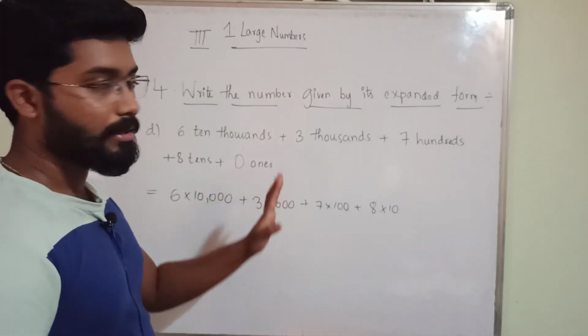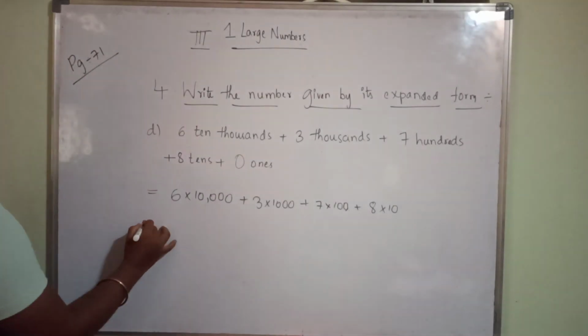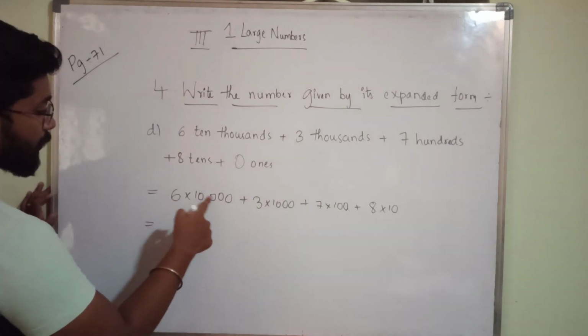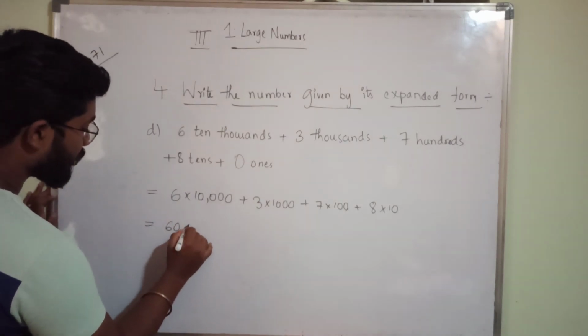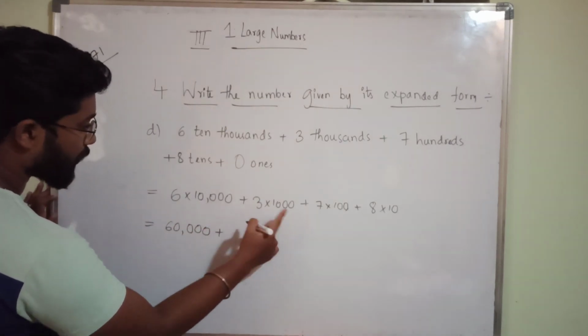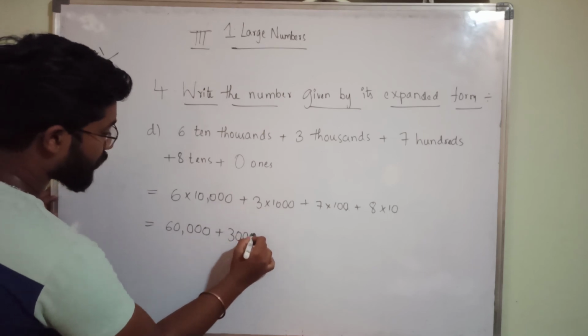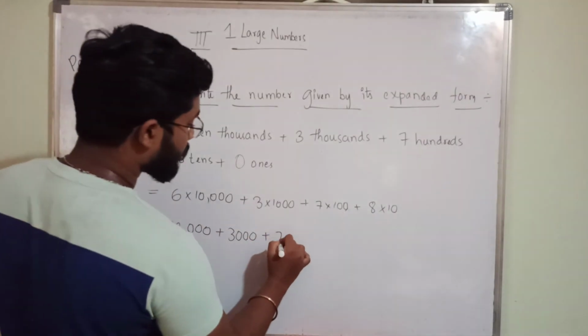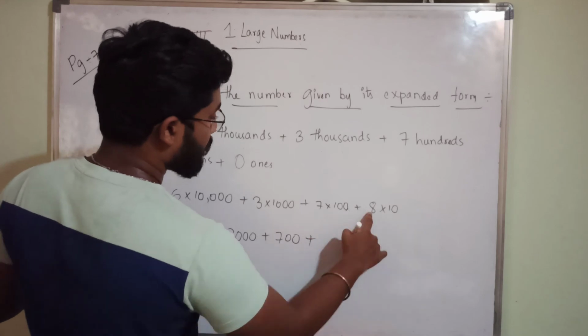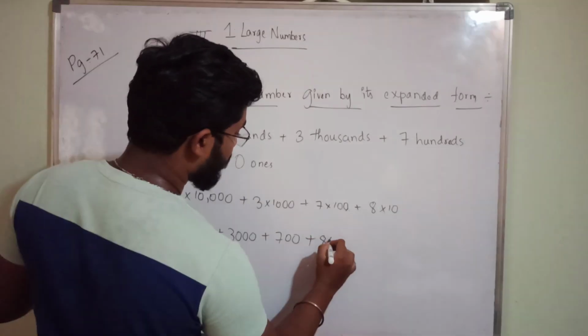So 6 into 10,000 you will get 60,000, plus 3 into 1,000 means 3,000, plus 7 into 100 means 700, plus 8 into 10 means 80.